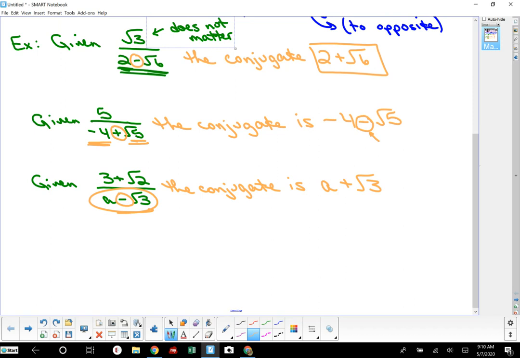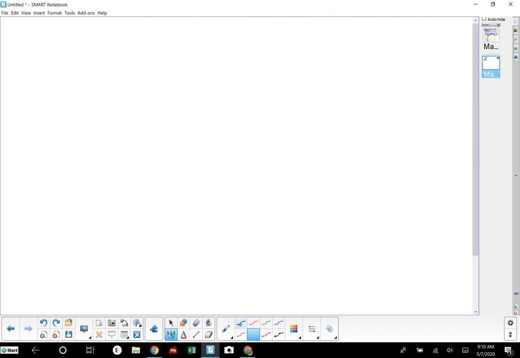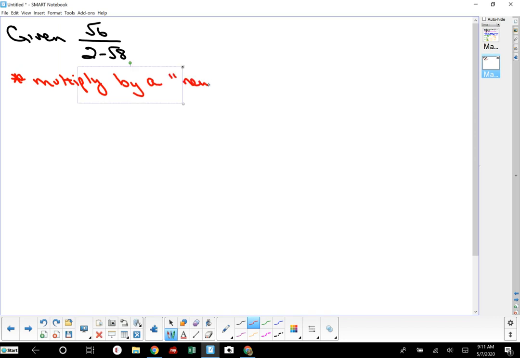All right, so let me show you how we're going to deal with these. If you are given a problem that looks like this, radical 6 over 2 minus radical 8, what you're going to do to deal with this is multiply by a new fraction.